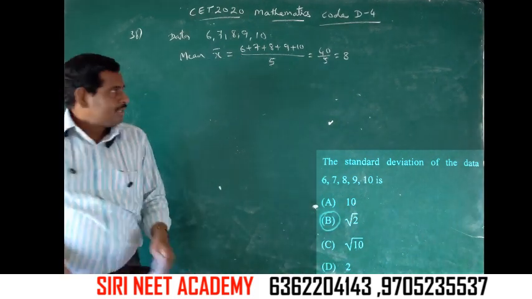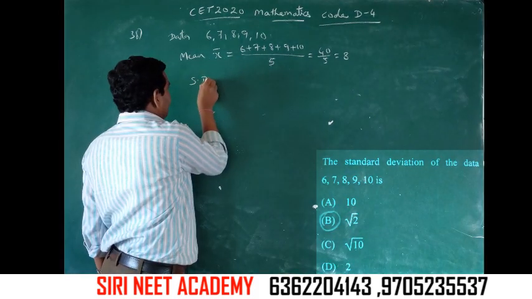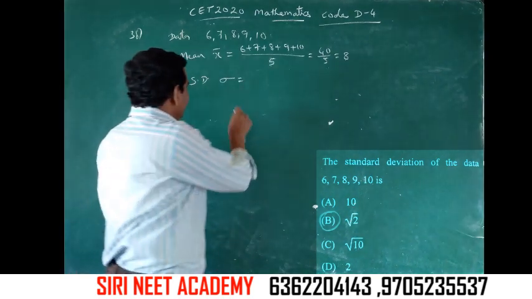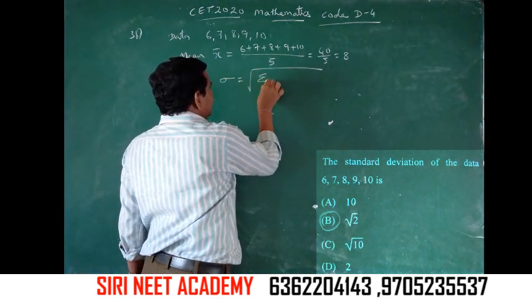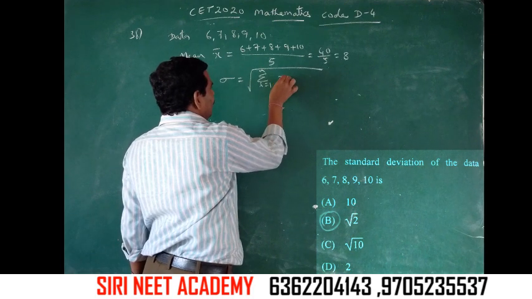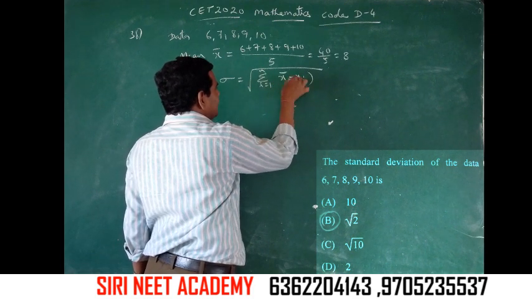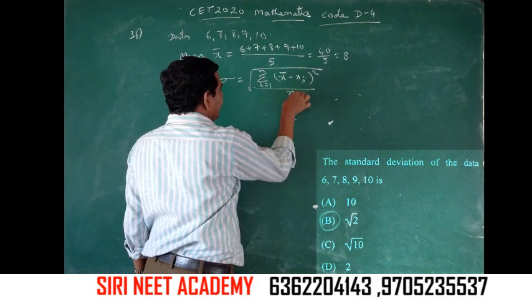We need the standard deviation. That is the standard deviation formula: under root sigma i is equal to 1 to n, x bar minus xi whole square divided by n.